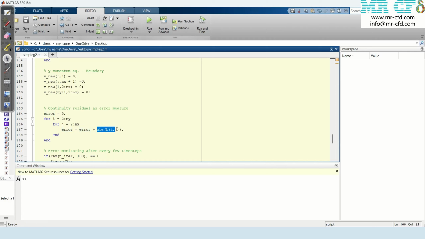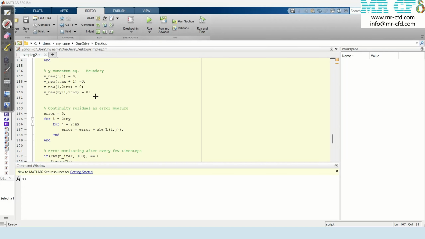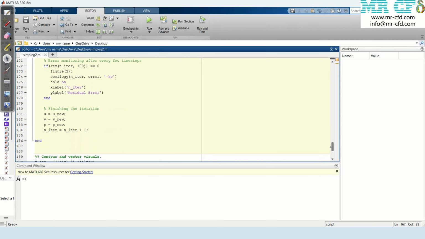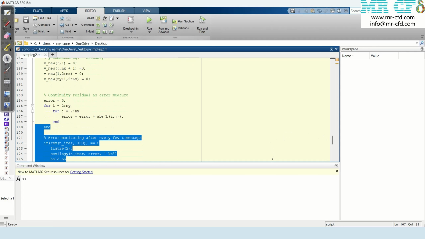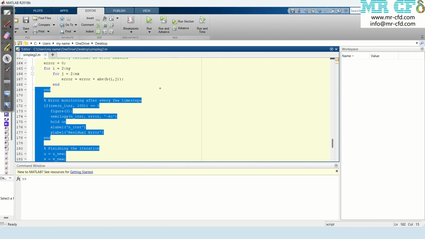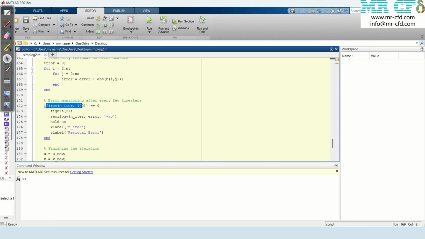At the final result, if corrections become zero, the continuity equation changes to B equal to 0. Plotting the residual every 100 iterations helps in visualizing convergence.